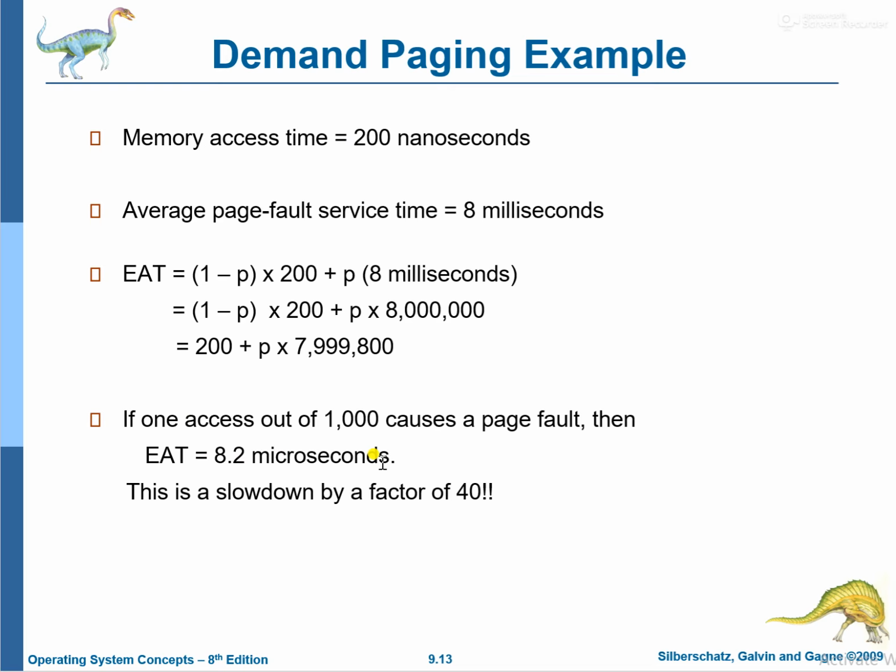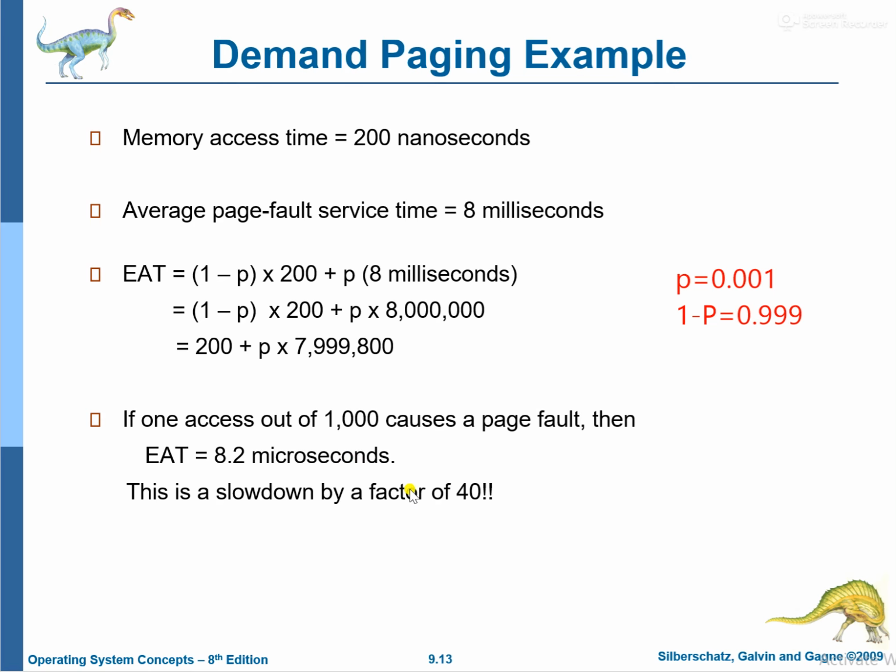So it just slows down. You can see here that P is 0.001, 1 minus P is 0.999, so the effective access time for this page fault probability is 8.2 microseconds.